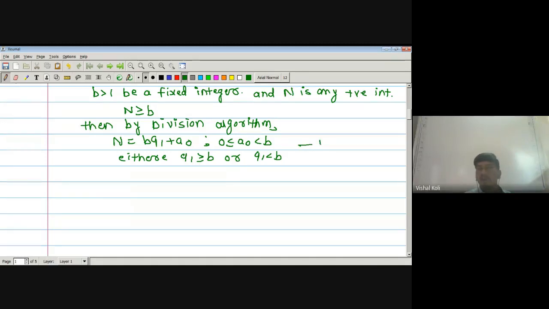Let us take this one as equation 1. Then applying division algorithm on q1 and b, q1 is equal to b into some q2 plus remainder a1, such that 0 is less than or equal to a1, which is less than b. Let us take this one as equation 2.